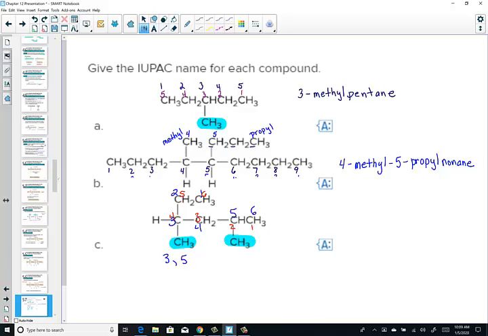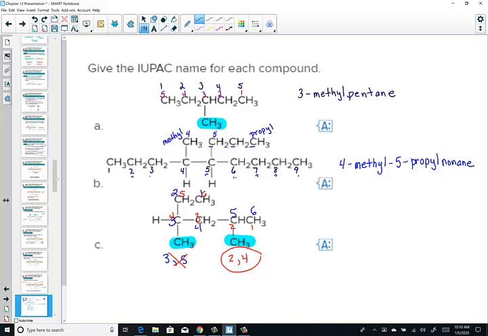If I numbered right to left, where do my substituents end up? Well, they end up at carbon 2 and again at carbon 4. 2 and 4 is a lower numbering system than 3 and 5. So this time I must number from right to left to get the substituents the lowest possible number.